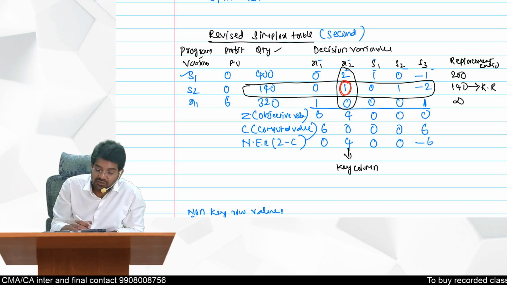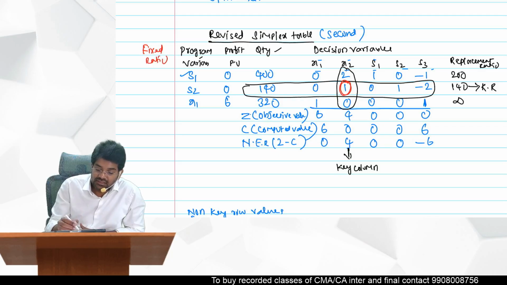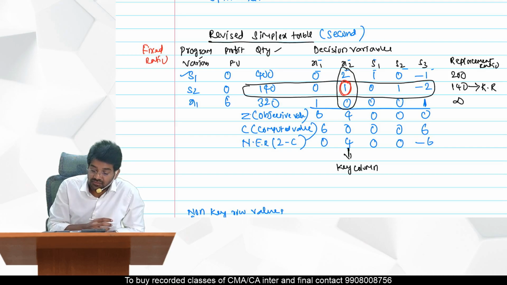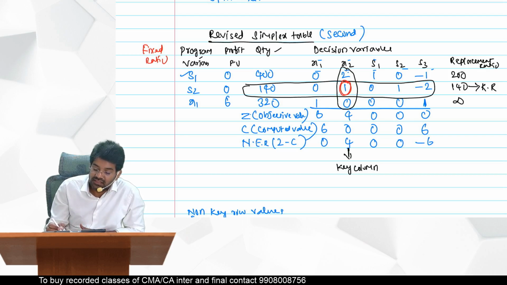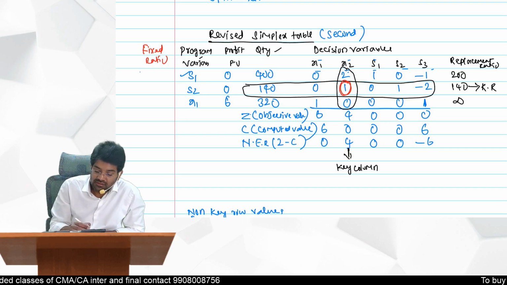Before we replace, these values will also change. For that we should calculate the fixed ratio for the non-key rows, S1 and X1. The fixed ratio is the key column elements divided by the pivot element. So 2 by 1 is 2.